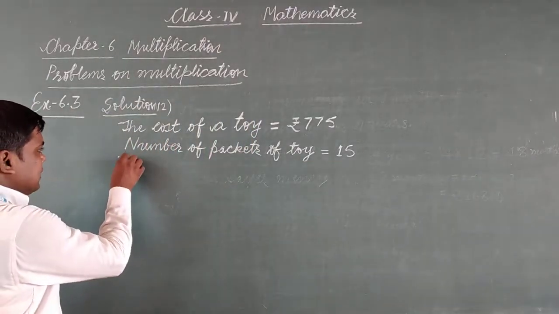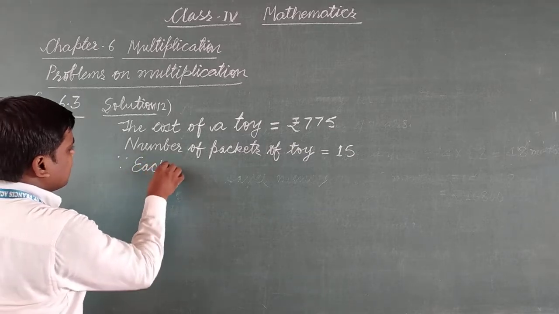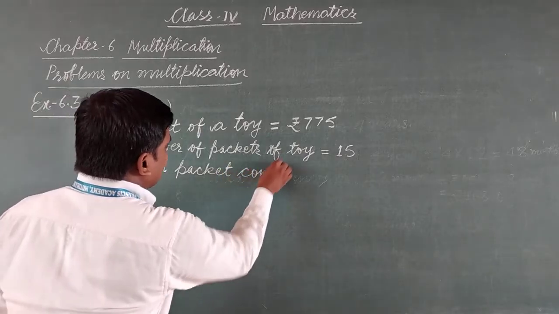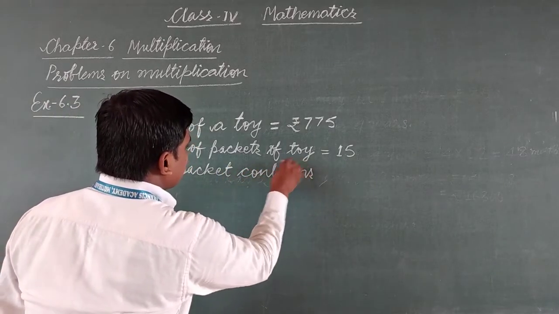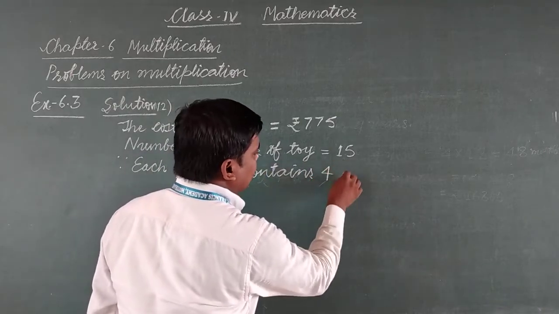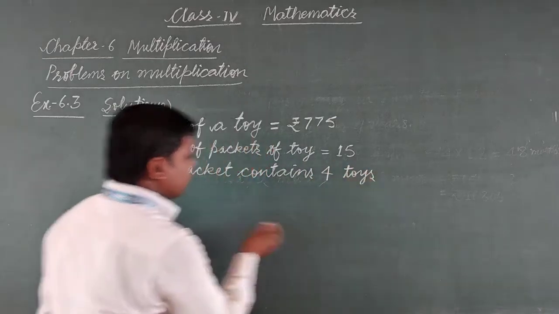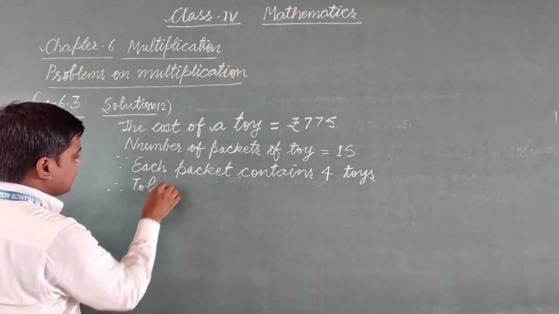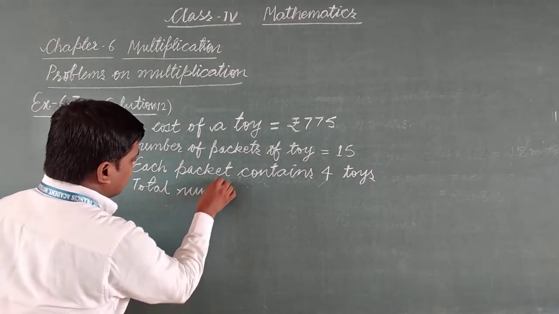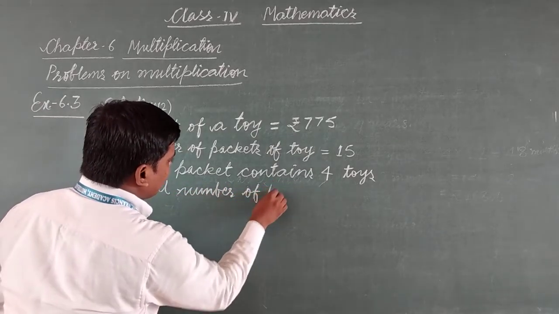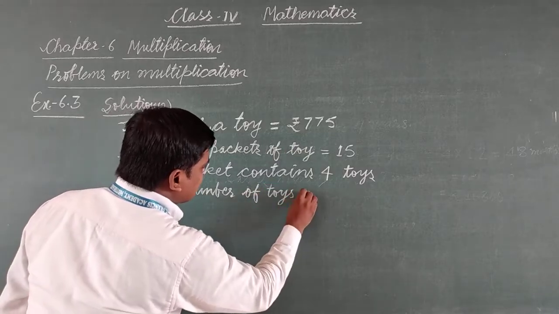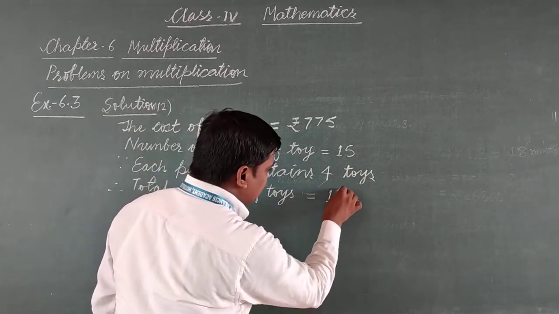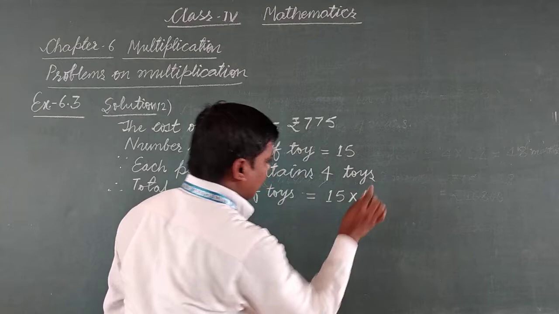So we write, since each packet contains 4 toys, therefore total number of toys is equal to 15 multiplied by 4.